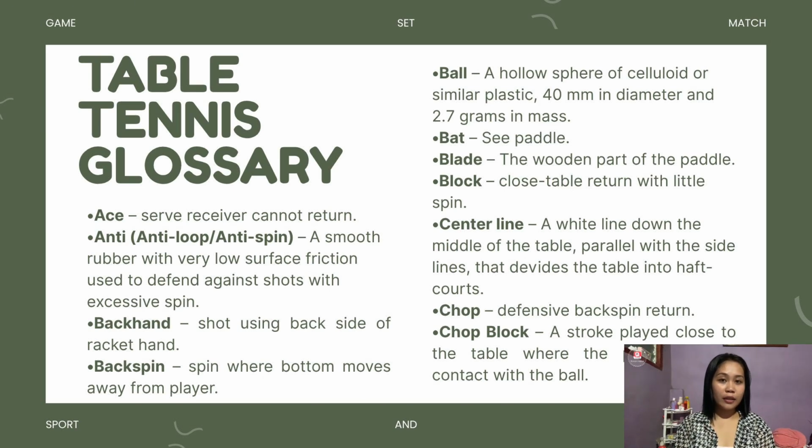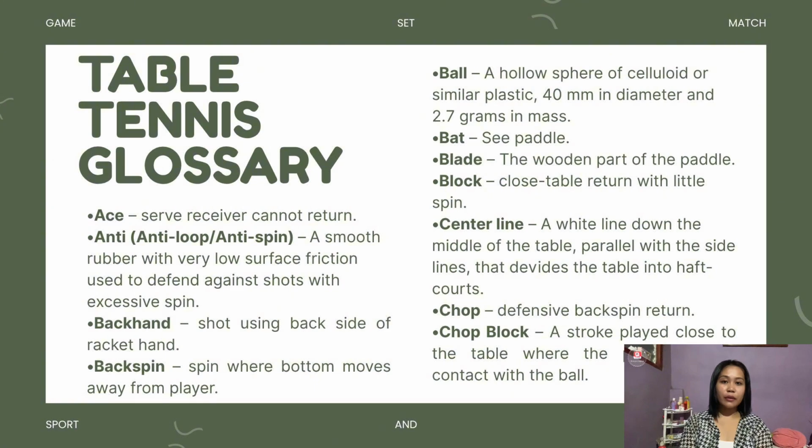And the ball in table tennis is a lightweight hollow plastic ball with a diameter of 40 millimeters and a weight of 2.7 grams. So even though it is very light, players can still produce different spins and speed with it. And the bat or paddle is the equipment used to hit the ball.